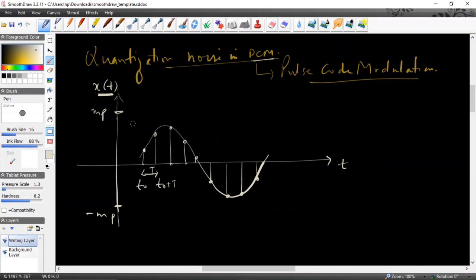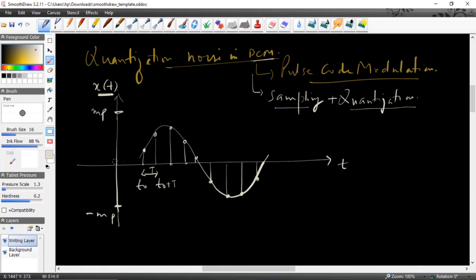Okay, in the PCM, you first sample it, which converts the continuous time signal to a discrete time signal, and that is followed by quantization. In the quantization process, we restrict the amplitude to take certain finite values, not any random value. That is how the signal becomes a digital signal. So for that, you divide this entire amplitude axis into a certain number of intervals.